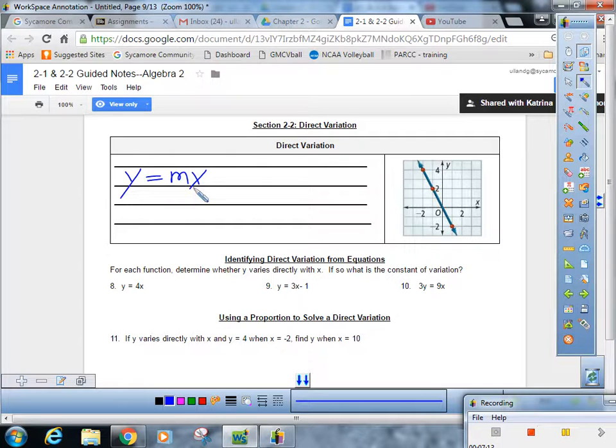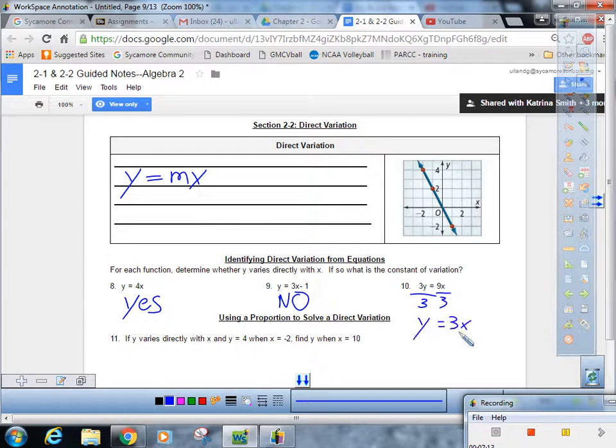So, for each function, determine whether y varies directly. Yes. No. We don't know yet, so let's solve it for y. Y equals 3x. There's no y-intercept, so it's a yes.